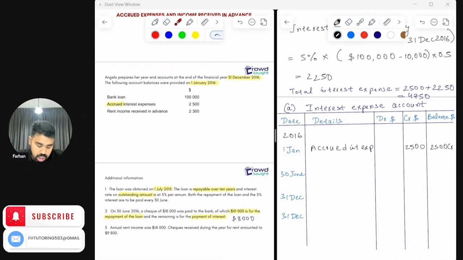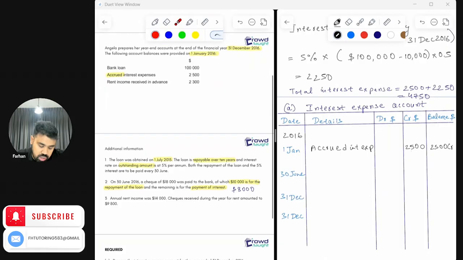Okay. Now, during the year, let's look into additional information number 2. Additional information number 2 says that on 30 June 2016, a check of $80,000 was paid to the bank, of which $10,000 is for the repayment of the loan. We have already derived this amount by using $100,000 divided by 10 years, given that we're repaying the loan in equal amounts every year, right?